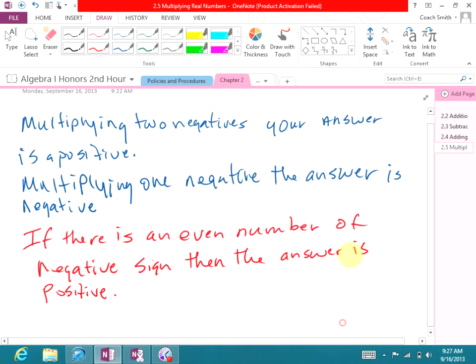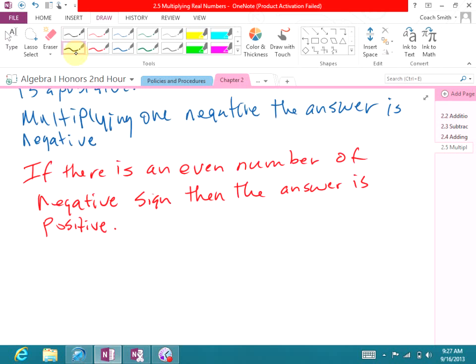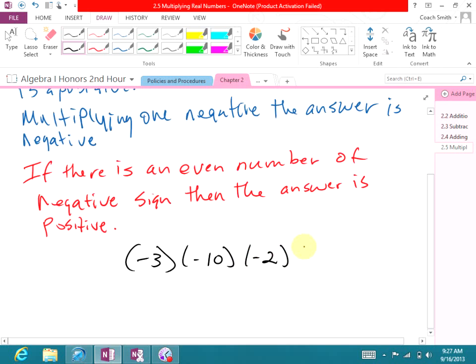For example, if you had negative 3 times negative 10 times negative 2 times negative 4, in that problem we have 1, 2, 3, 4 negative signs. It's all multiplication, and we have 4 negative signs. This is going to equal a positive.